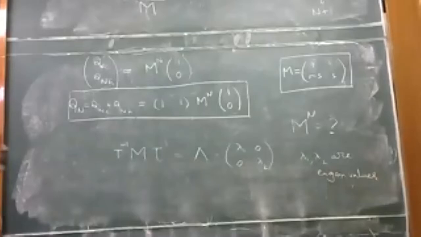So once we have the diagonal matrix, then if you want to multiply the same matrix... Both video and voice are breaking.